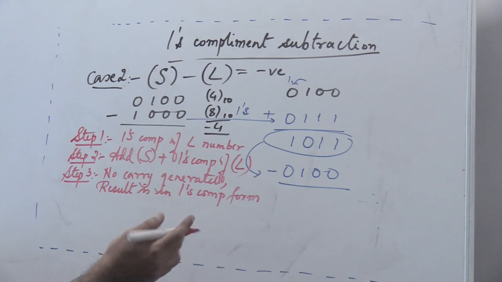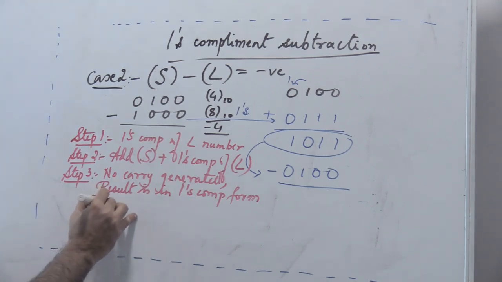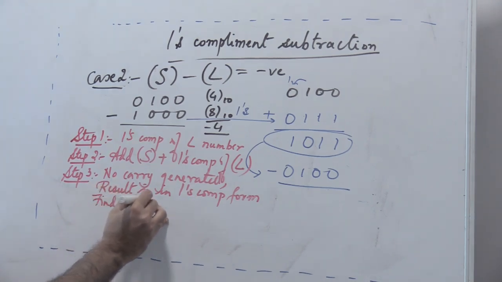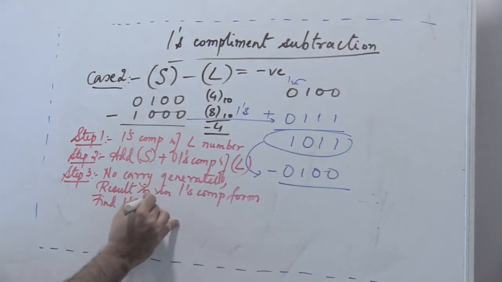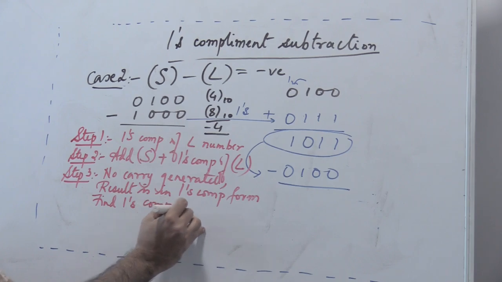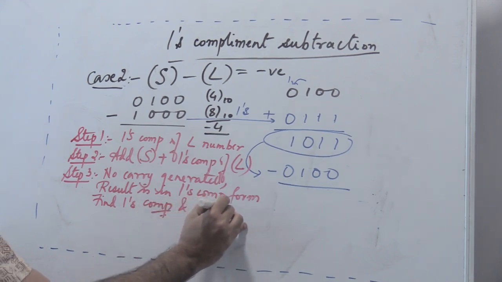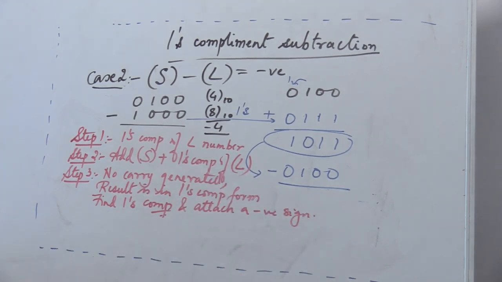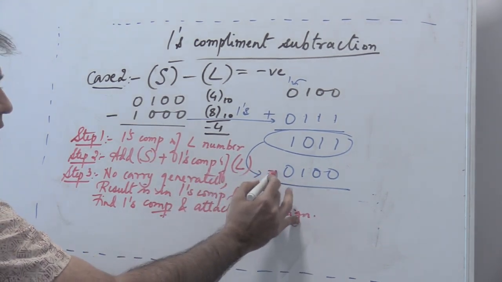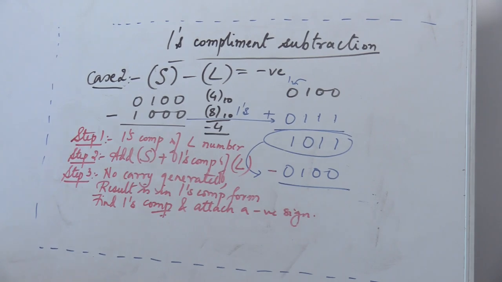So to get the exact result, again find 1's complement. That is what we did. We did find 1's complement of this. So find 1's complement and attach a negative sign. So we got 0, 1, 0, 0, and we did attach a negative sign because a smaller number minus larger number will give us a negative result.